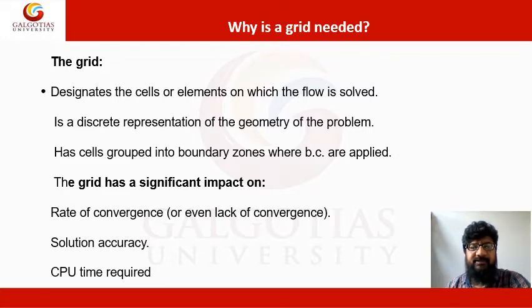So utmost care must be taken while meshing or making a grid, because the grid has a very critical impact on the rate of convergence, and in many cases, in case of poor mesh, we don't even reach convergence. The grid also has a very big impact on the solution accuracy, as we know that in the Taylor series, if del x tends to 0, the solution will approach the true result.